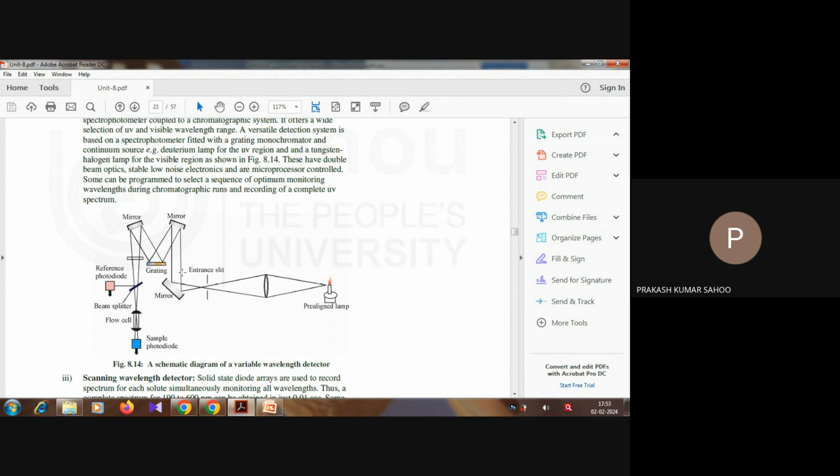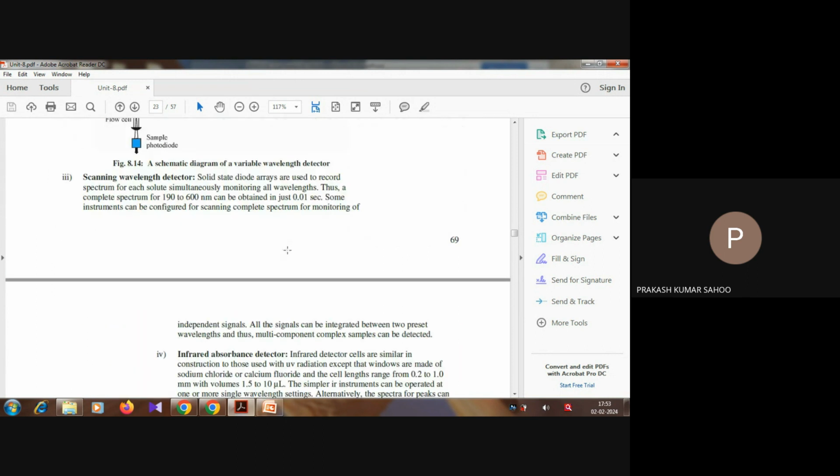Then by the use of some spectroscopic or spectrophotometric technique, we can analyze the components. Scanning wavelength detector: the wavelength is scanned, and solid state diode arrays are used to record the spectrum for each solute simultaneously, monitoring all wavelengths.